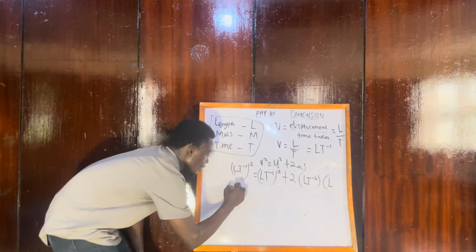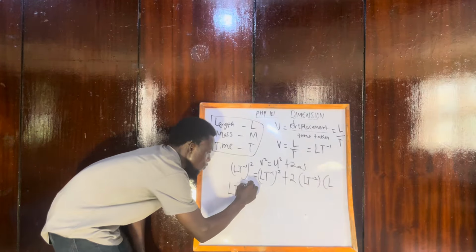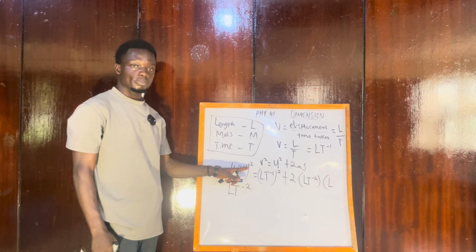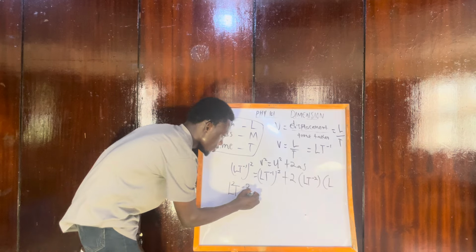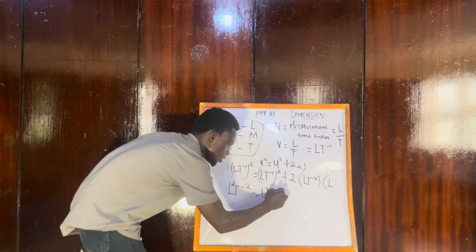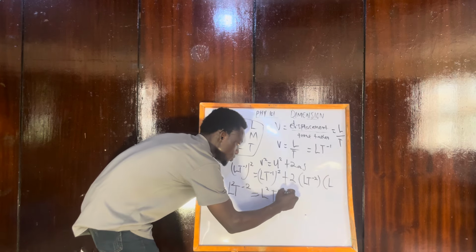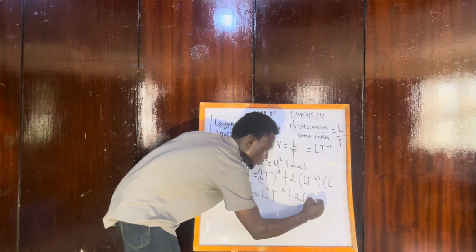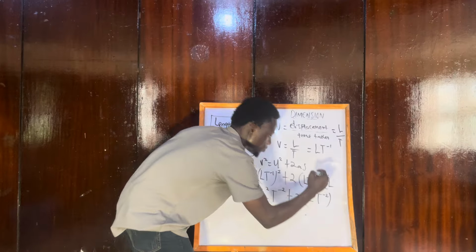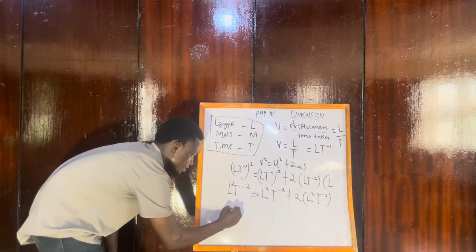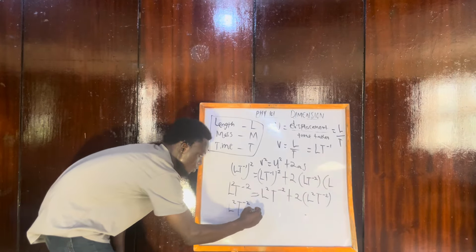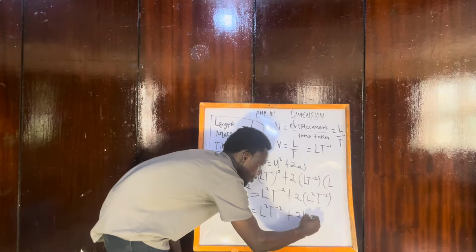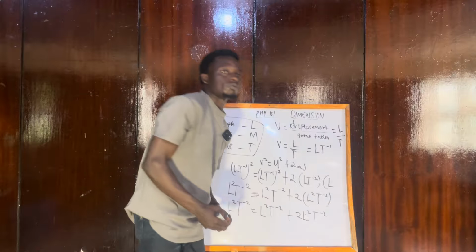So here we have L square T minus 2, like L square, (T minus 1) raised to power 2 gives T minus 2, equals L square T minus 2 plus 2, and now L multiplied by L gives L square T minus 2. So here we can conclude that L square T minus 2 equals L square T minus 2 plus 2L square T minus 2.